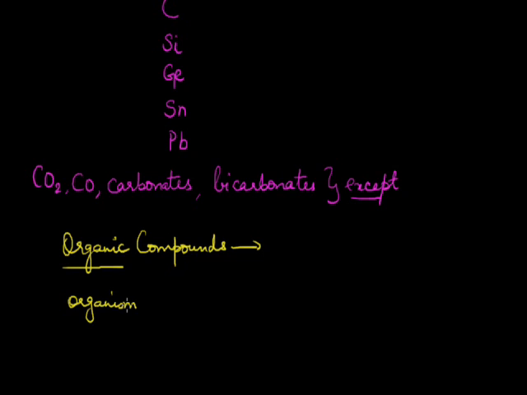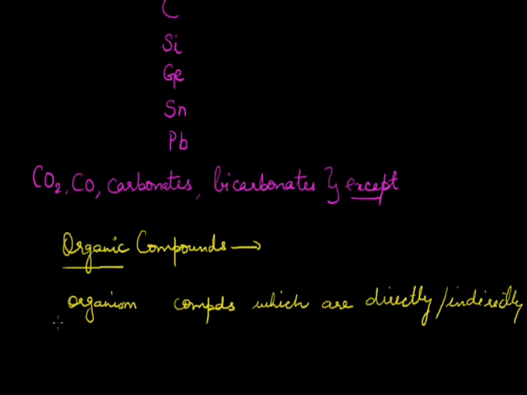So we can define in a very simple way, organic compounds as the compounds which are directly or indirectly obtained or isolated from living beings or organisms.